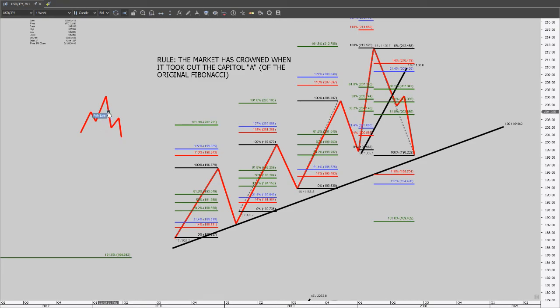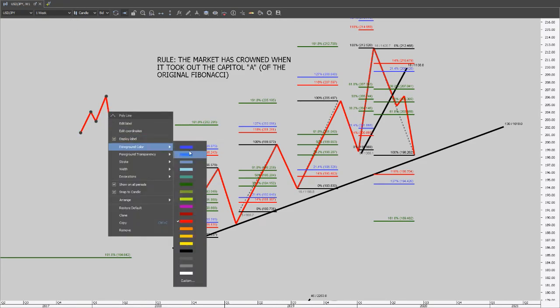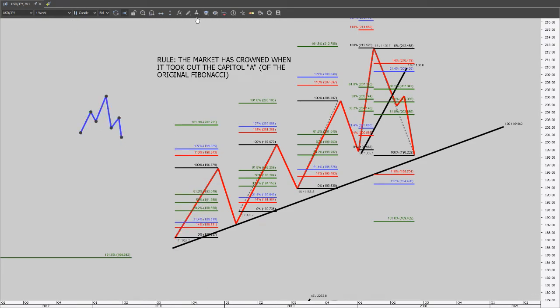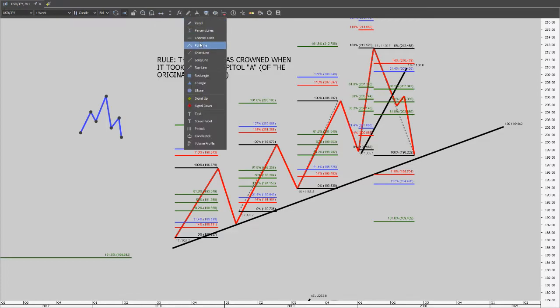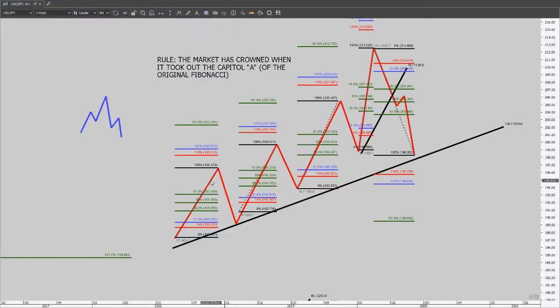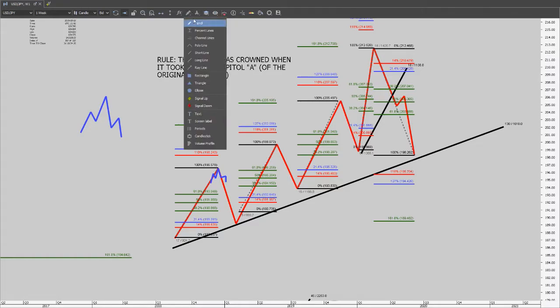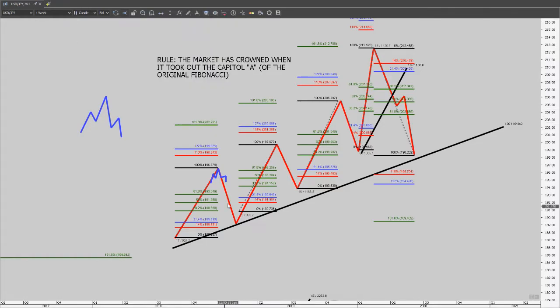Let's color code this in blue. Okay, this is the lesson for today. False crowns. So the market is going to crown at the B high. Why is that? Well, this is the natural way, the natural movement of the market.